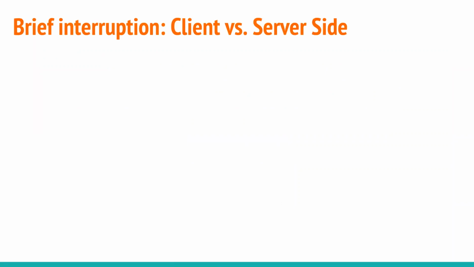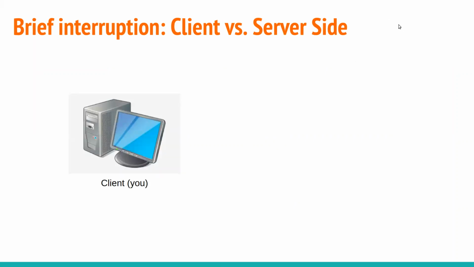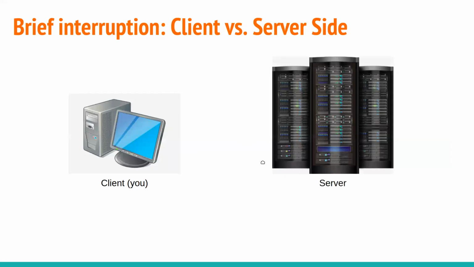But before we go on to that, we're just going to briefly look into why we're doing this. Okay. So how the internet works, hopefully you guys have a pretty good understanding of this already, or like how it works when you access a website, is that we have the client, so this is you, and we have some big computer like a server sitting somewhere. Okay. You request something from the server.